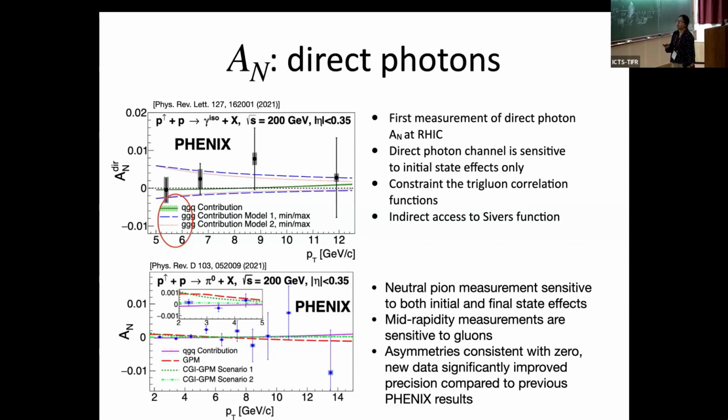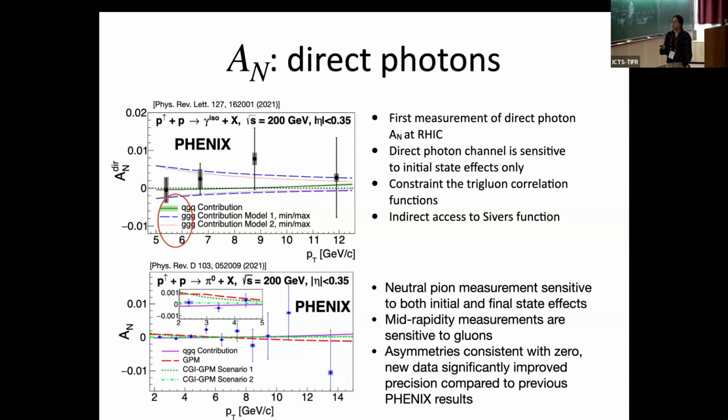And you can see here this green curve is from the quark-gluon-quark contribution, which is very small, close to 0. And the other, the blue and red ones, are the tri-gluon contribution, assuming some different models in the calculation. And if you look at the data around 5 GeV or so, these data actually have a bit of statistical power. They can constrain the model better than what you are currently seeing here.